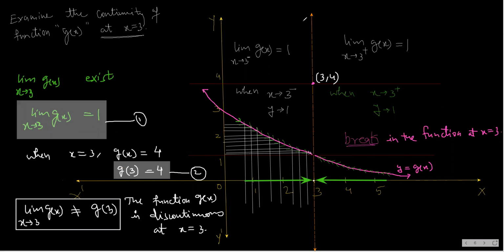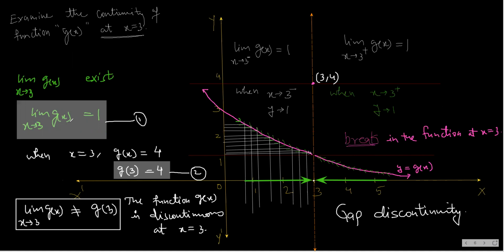It's a gap discontinuity. And remember, when there is a gap discontinuity, the limit of the function on either side exists. It is only the value of the function when x is equal to the point that is not the same.